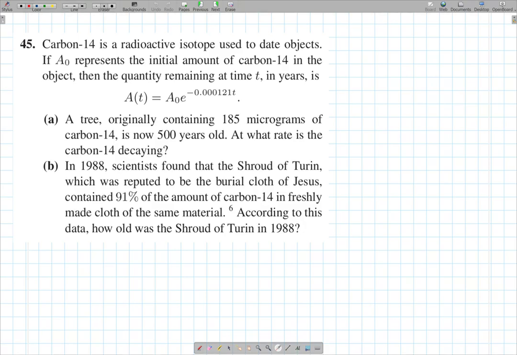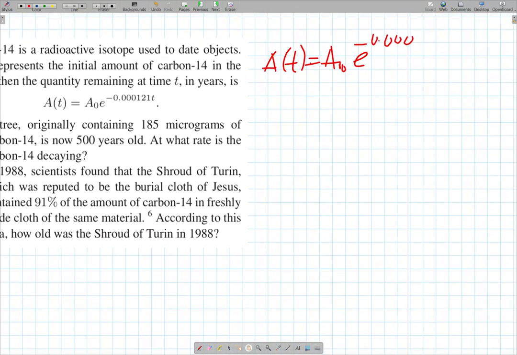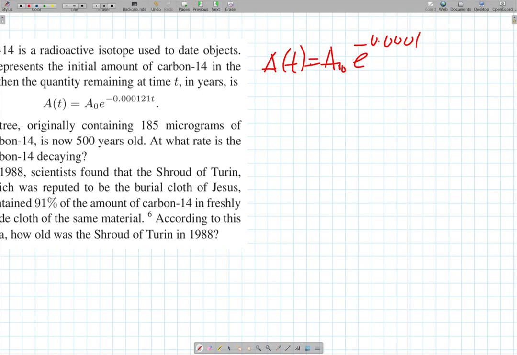So, unahin natin ang binigay na equation. May binigay na equation class which is A of t equals A0 e negative 0.000121 t. Alright? So, i-define natin class ang binigay na equation.